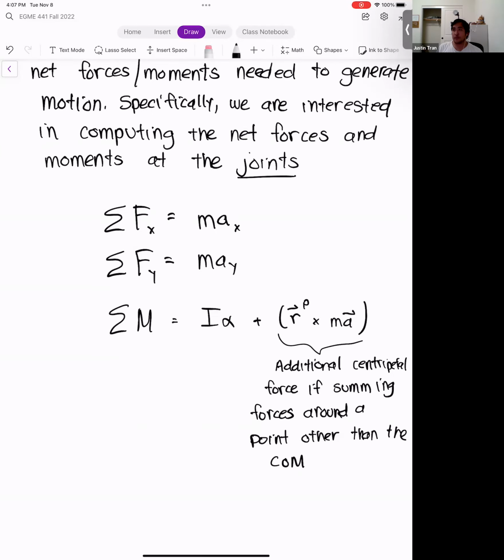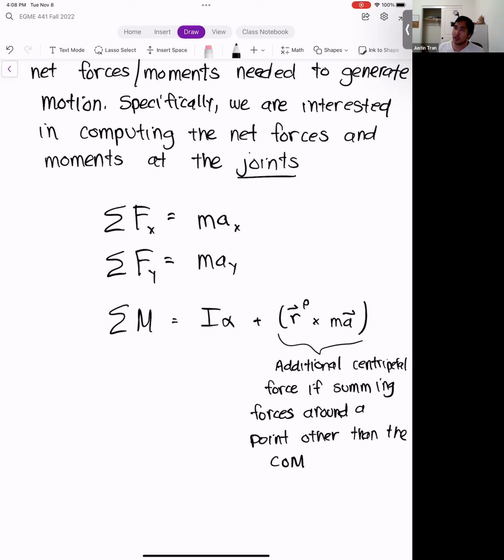Before, when we did our statics analysis, all this would equal 0 and we didn't have to worry about this. It didn't really matter where we summed our moments around, because we just picked a location that was convenient. But in dynamics, because we have this extra term, it's going to be really beneficial for us to choose a certain location, because this cross product term can be kind of a pain to compute.